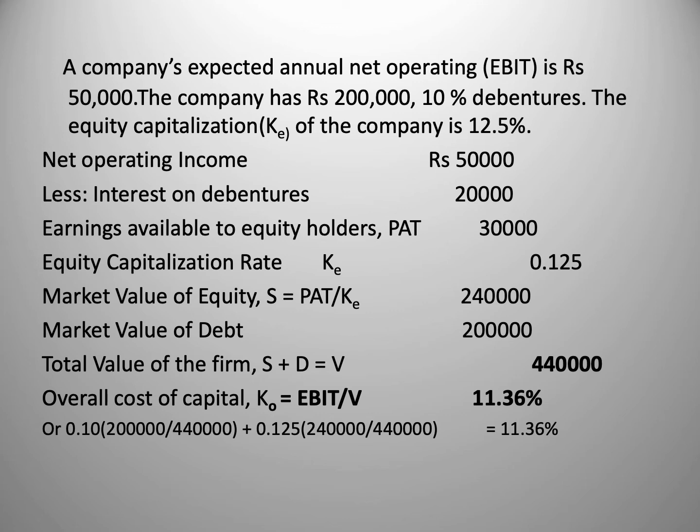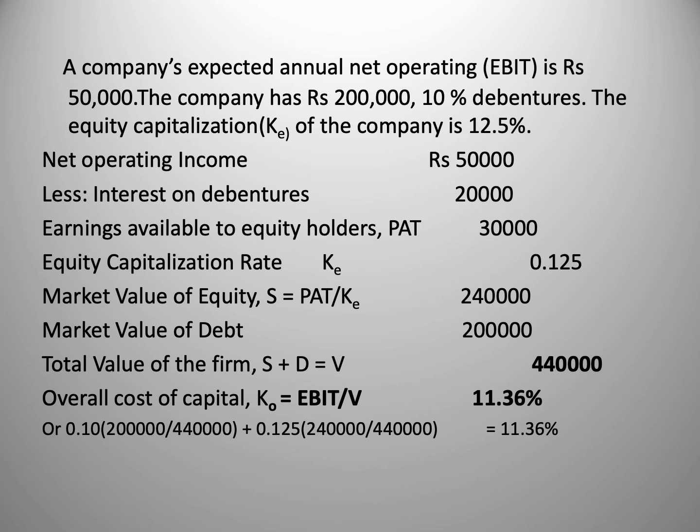And if we want to know KO, the overall cost of capital, the formula for that is EBIT upon V. V we know is 4,40,000, right? So EBIT divided by V, it will come to 11.36%, right?